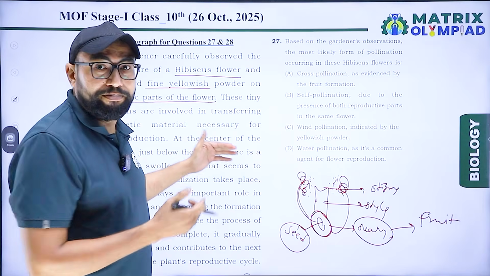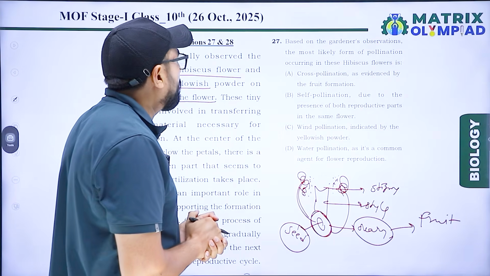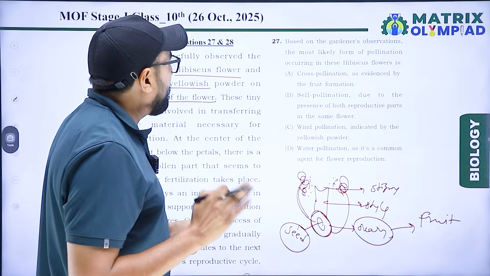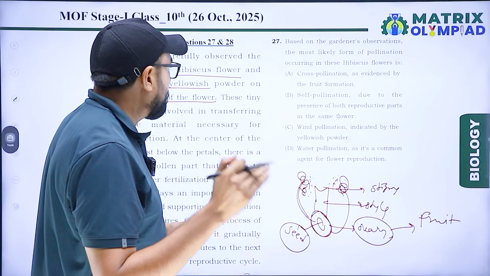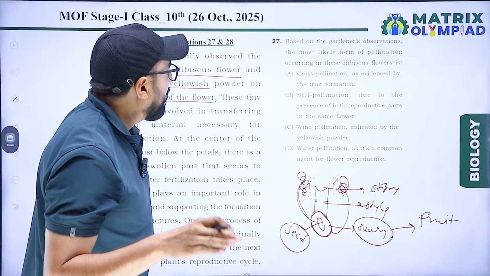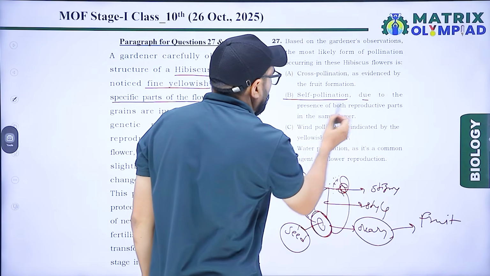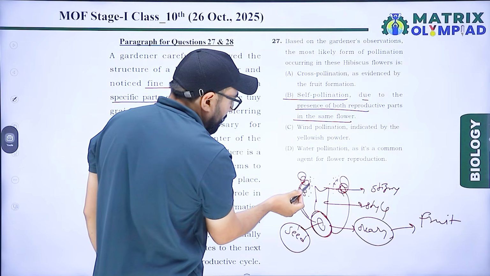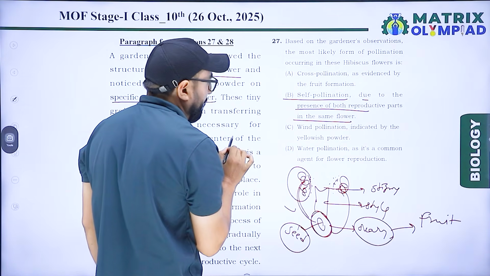Question from the paragraph: based on the gardener's observation, the most likely form of pollination occurring in these hibiscus flowers is cross pollination, self, wind pollination, or water pollination. According to the observation, self pollination, due to the presence of both reproductive parts in the same flower, because the male part and female part are present in a flower.